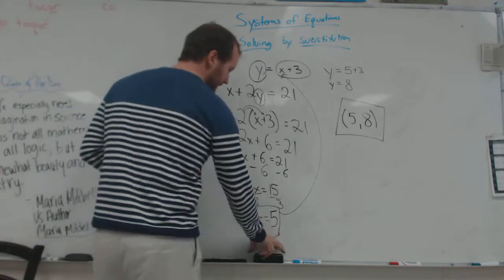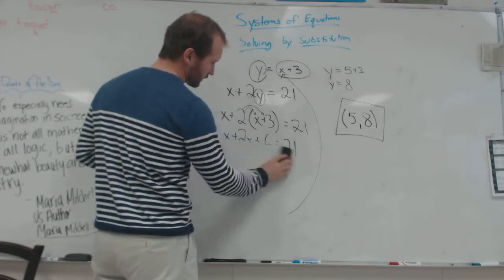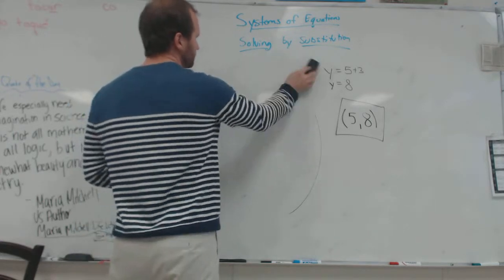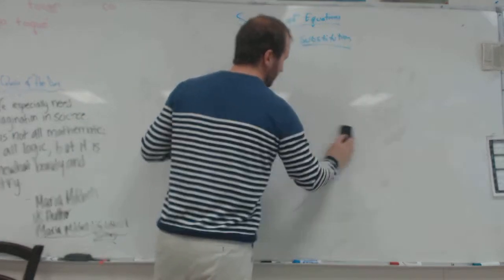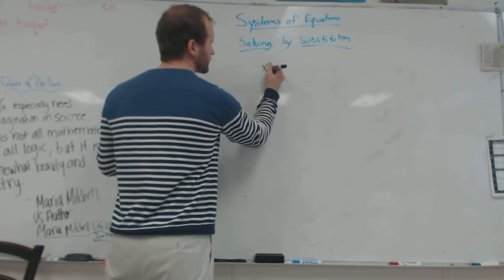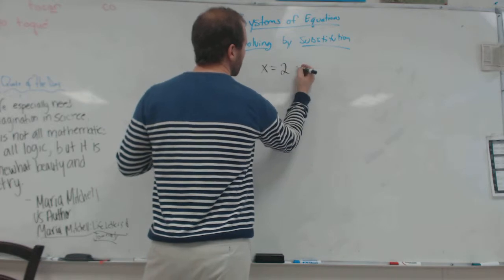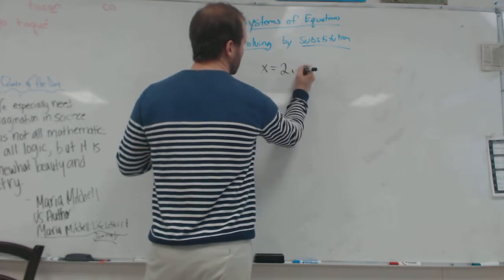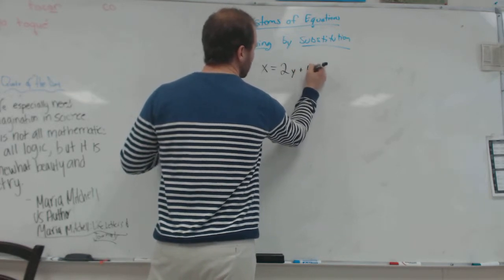Let's do another one like this, and I'm going to throw in a little bit of a trick now. But you guys can handle this, I think. So what if I had something like this? x equals 2y plus 4.